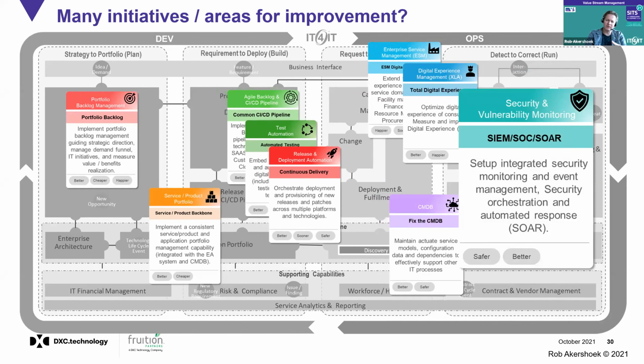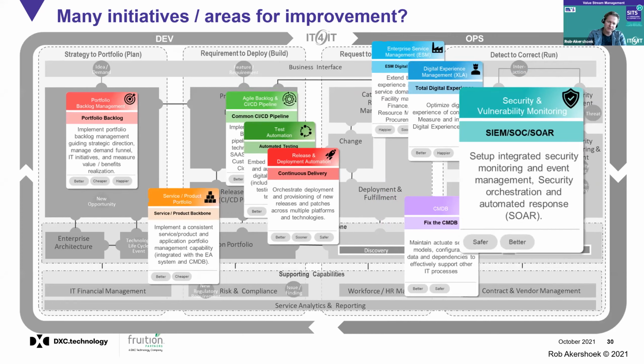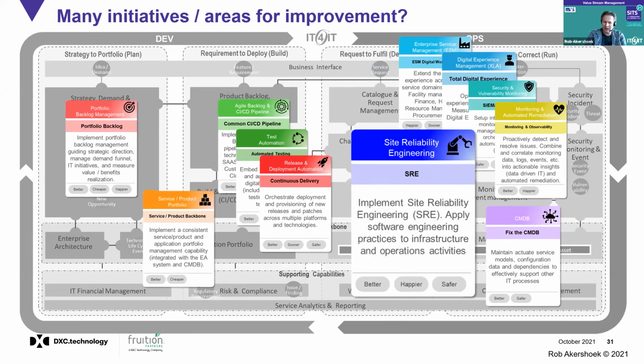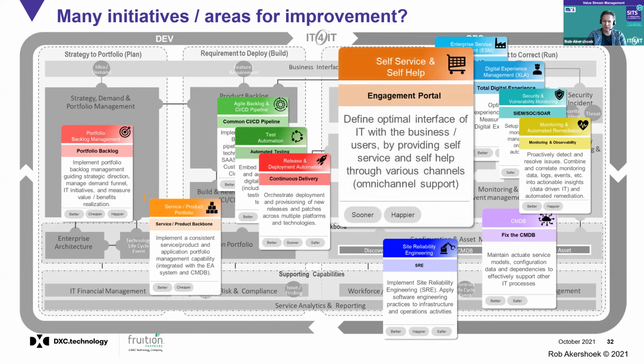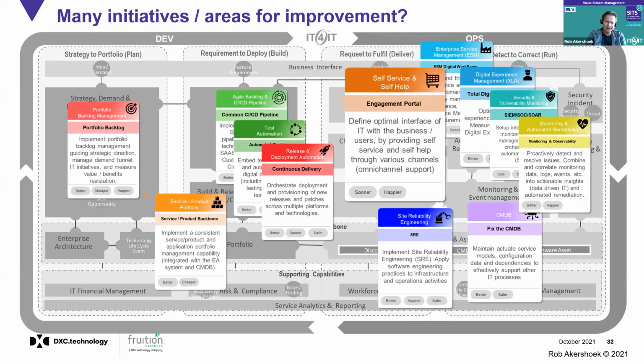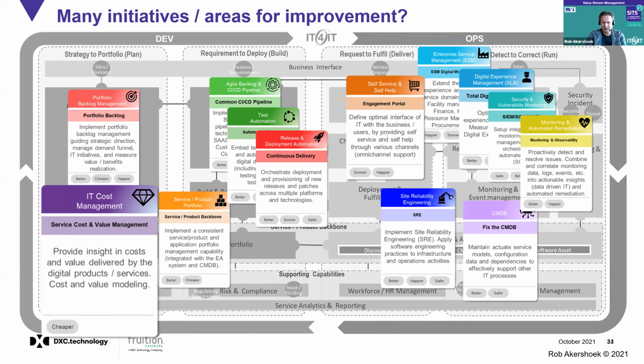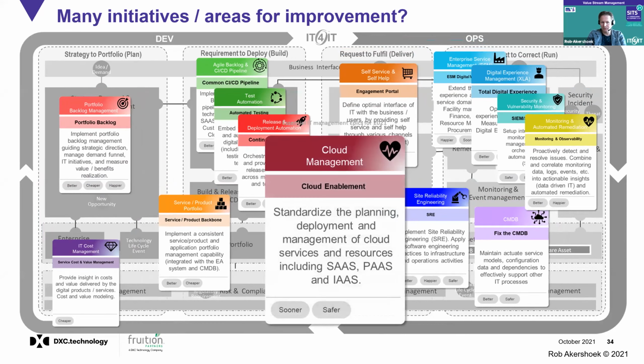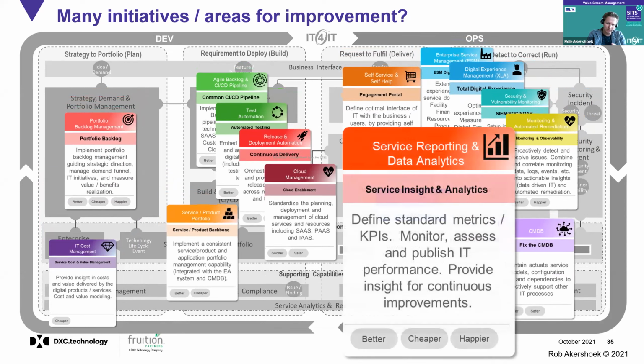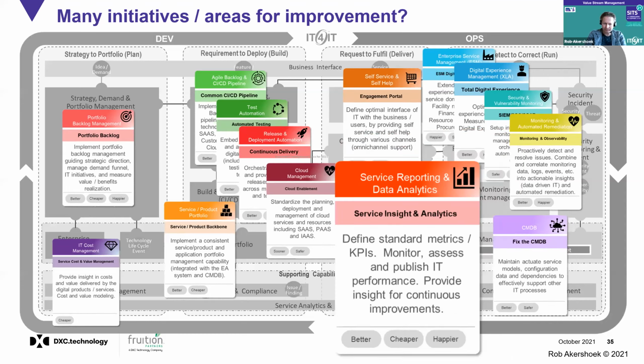Security monitoring. We need to improve our security event management and orchestrate automation. Site reliability engineering, maybe the self-service, self-help. Of course, we need to improve. Oh yeah, we need to manage cost management. So there's an initiative. We move to the cloud, so we need to implement cloud management, and we need to improve our reporting capabilities because we have a lot of reporting already in place, but we still do not have the insight that we actually need. So can we solve that?